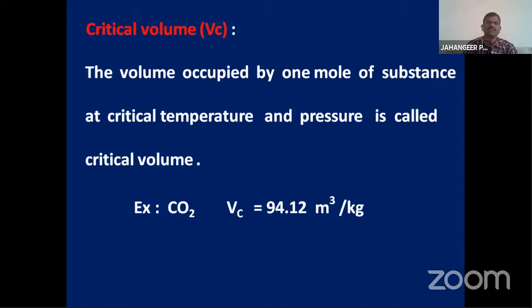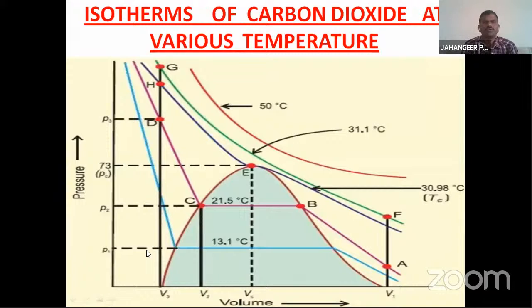Whenever gases reach the critical constants, only then do they change from gaseous state to liquid state. So here Sir Andrews explained the isotherms of carbon dioxide gas at various temperatures.